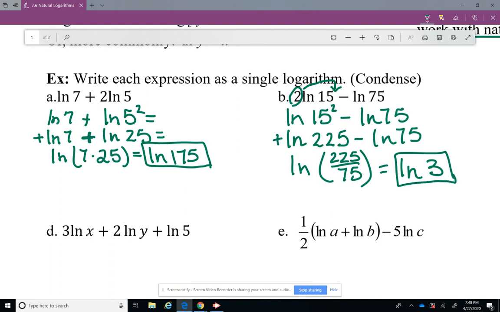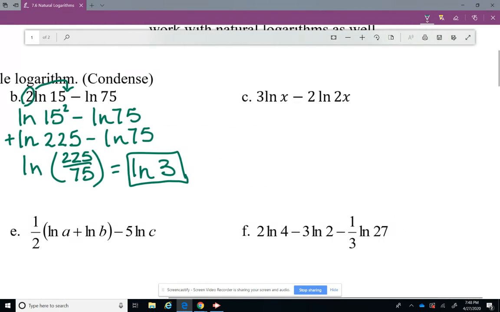All right, let's look at C. We already see that we're going to have to take this 3, bring it over as an exponent. That's the coefficient. Take this 2, which is the coefficient, bring it over as an exponent. But let me show you something right here where people make mistakes, okay? This whole thing has to be taken to the exponent of 2, not just the x, okay? So it's real important.